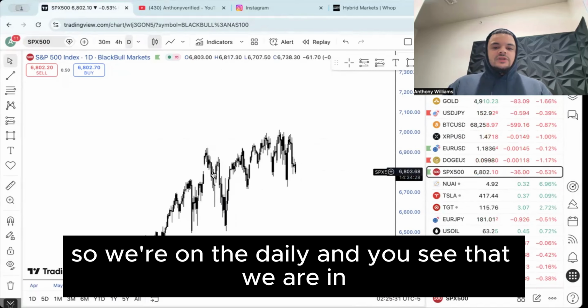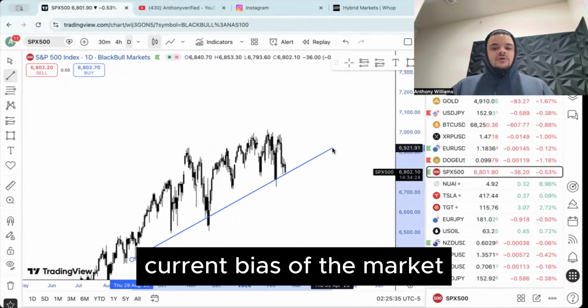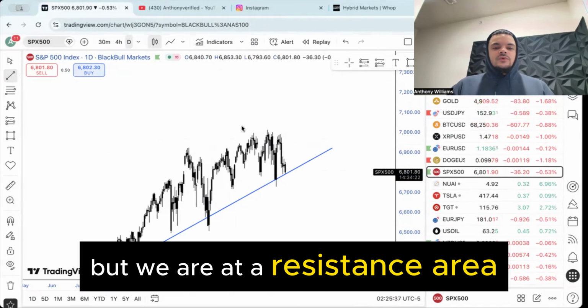So we're on the daily, and you see that we are in current buys of the market, but we are at a resistance area.